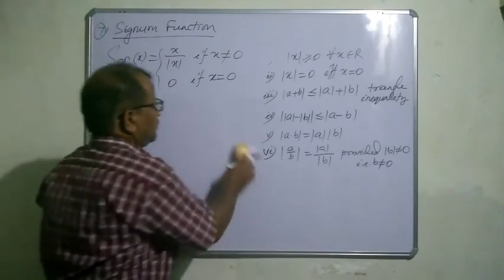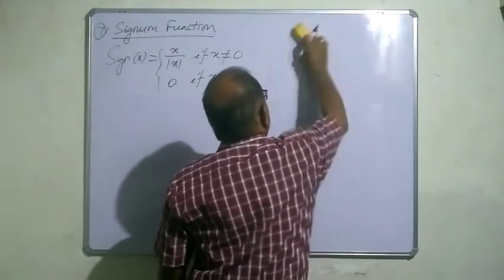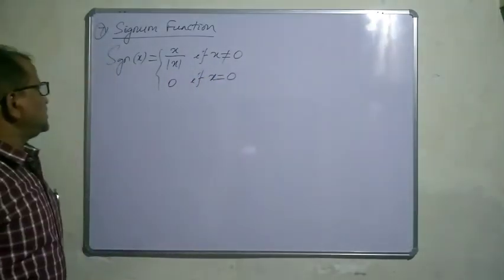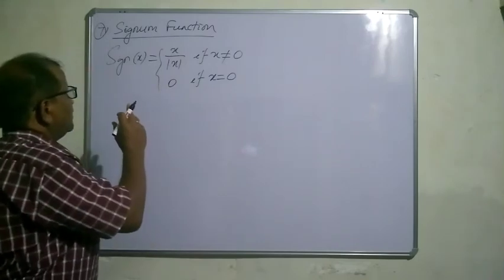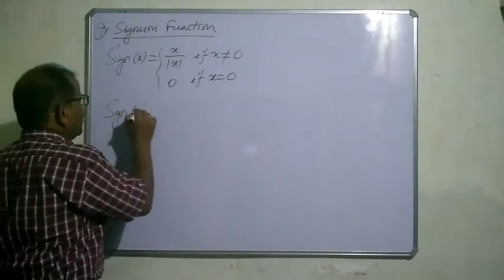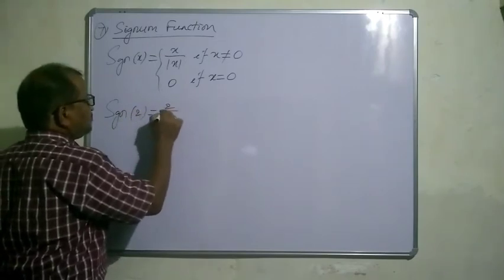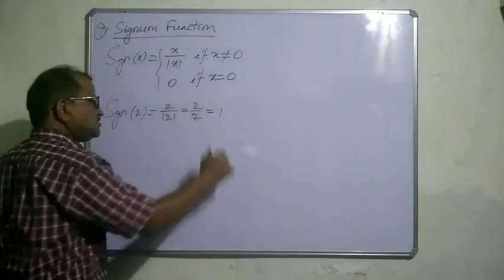So let us find its values. Signum value of 2 will be 2 by modulus of 2, that is 2 by 2, that is 1.